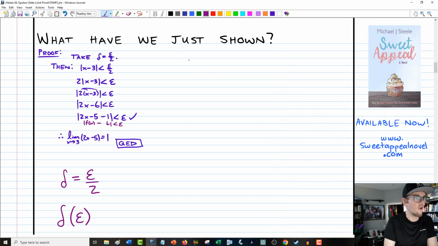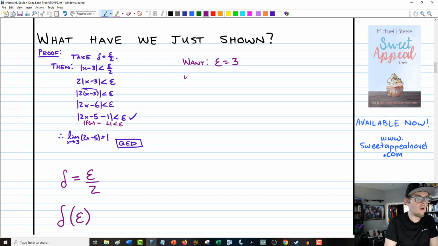Let's say we want an epsilon value of 3. That means we want to be within 3 units of the limit value, which in our case was 1, in the y direction. That's what we're aiming for.